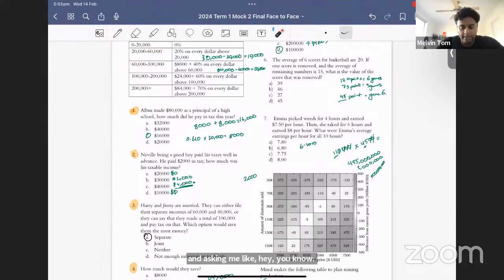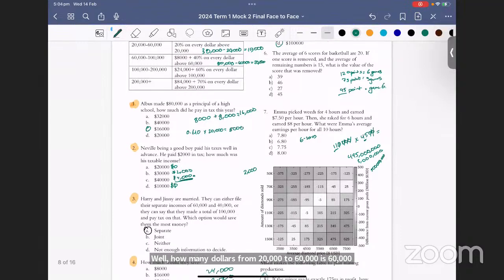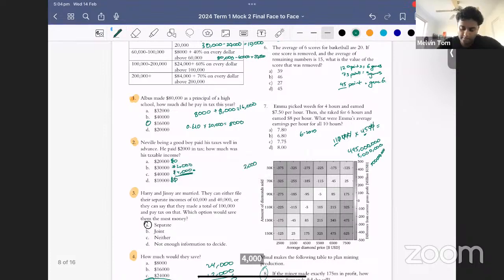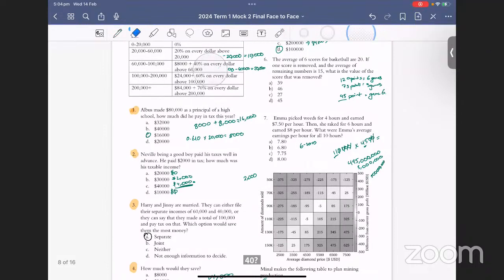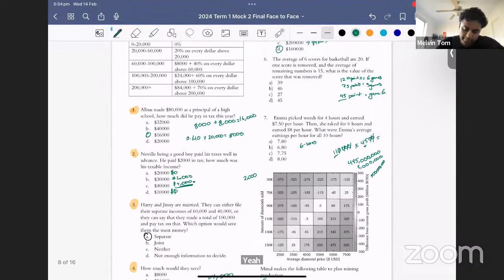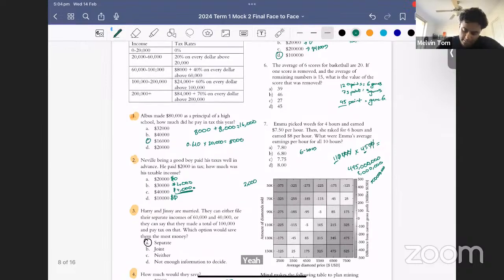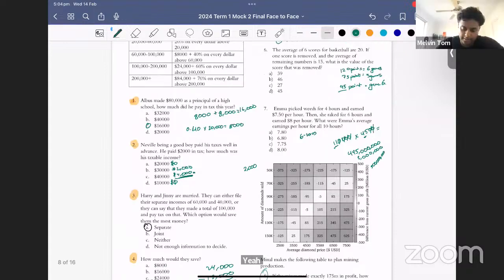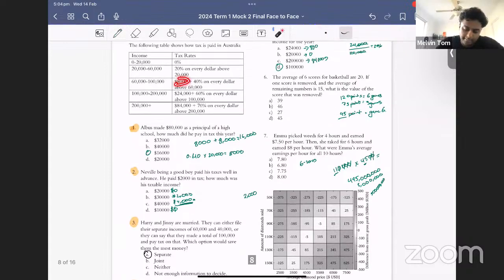Does it make any difference on how you calculate it? Well, how many dollars from 20,000 to 60,000? 40,000, right? And what's 20% of 40,000? 8,000. So do you see how it's the exact same?